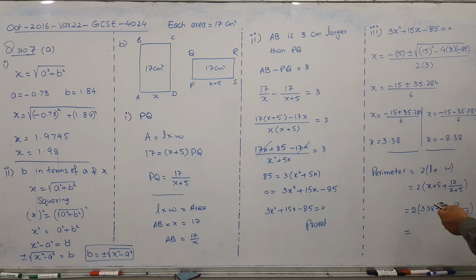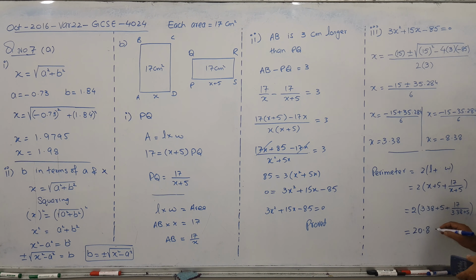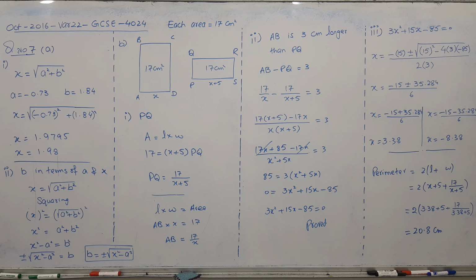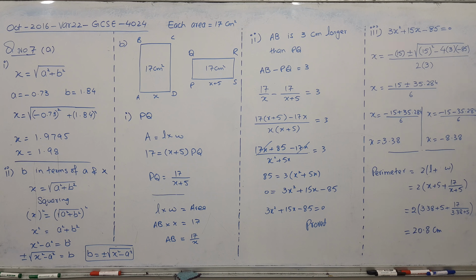And that's it. The answer is coming 20.8. Because he's asking whether it is meters or centimeters. Yes, it is centimeters, so we have to write units also. And the answer is correct, okay. And 20.8 is our answer. And that's it. The question is over.